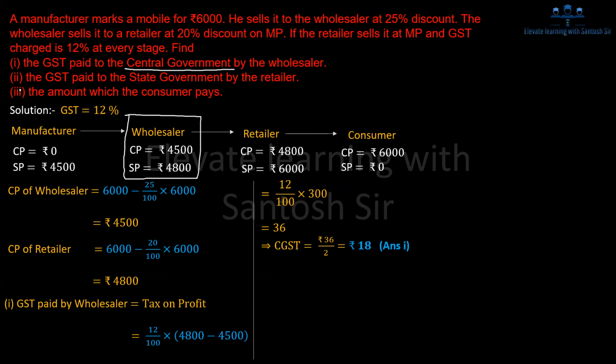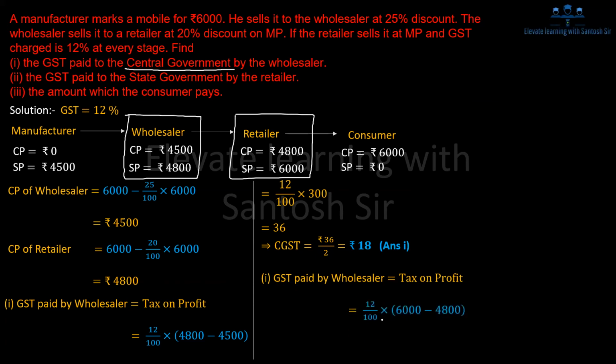Let us come to the second sub question. GST paid to the state government by the retailer. Let us come to the retailer now. For retailer, once again the tax is 12% and net GST is tax on profit, which will be 12% on his profit, that is 6000 minus 4800, SP minus CP. So we can solve this ahead to get the value of GST paid by the retailer.